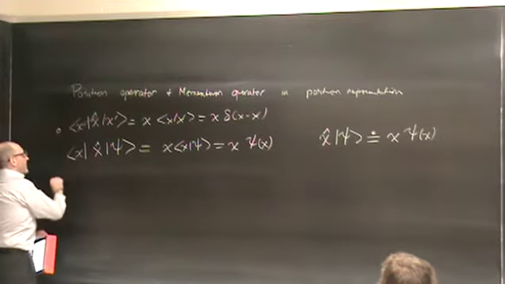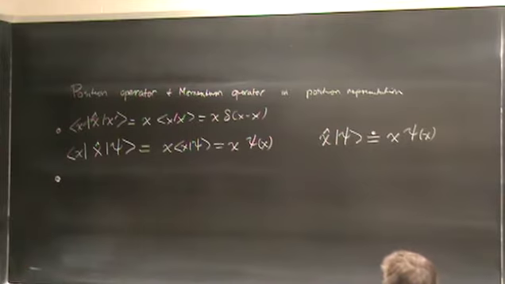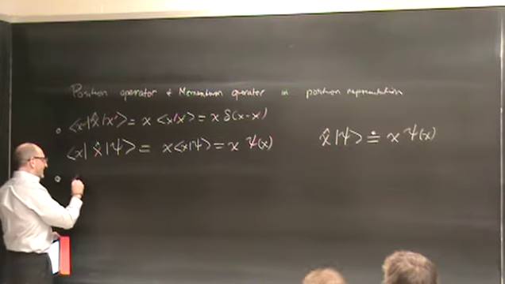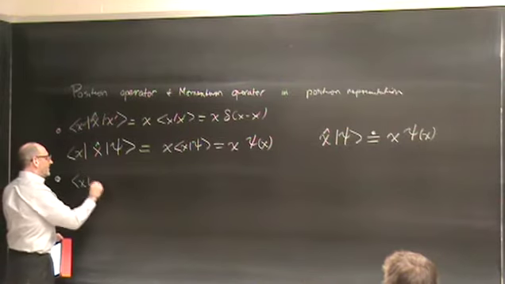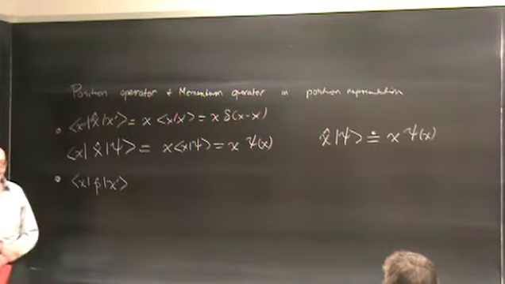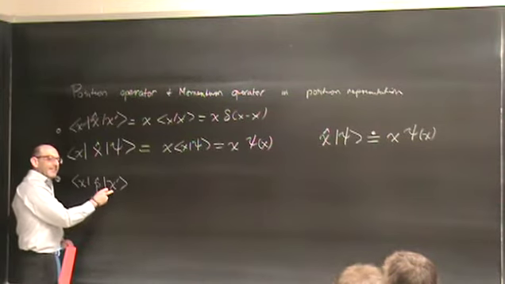What about the momentum operator? Well, that's trickier. If I look at the momentum operator, what is its representation between these two kets? Well, we don't know how momentum acts on this.